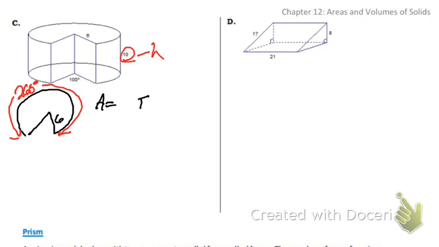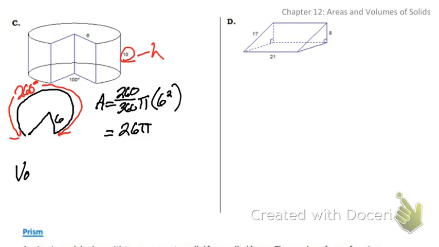So we know we're going to have to use pi r squared. Well, our r is 6, so it would be pi times 6 squared. But I have to do a percent or a ratio out front. Well, that ratio is 260 divided by 360. That will give me the percent of the circle I'm talking about. Well, if we do that math, we're going to come up with 26 pi. So that is the area of our base.